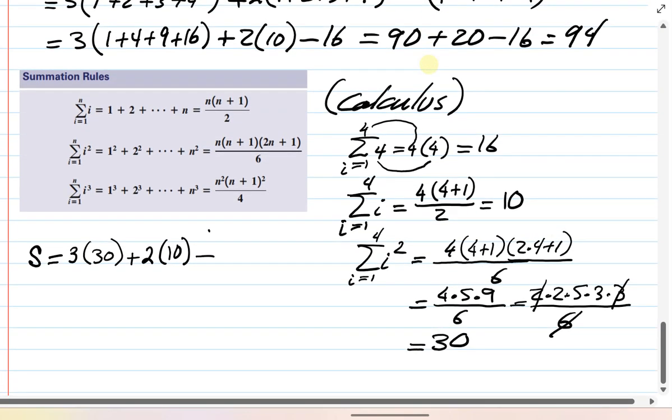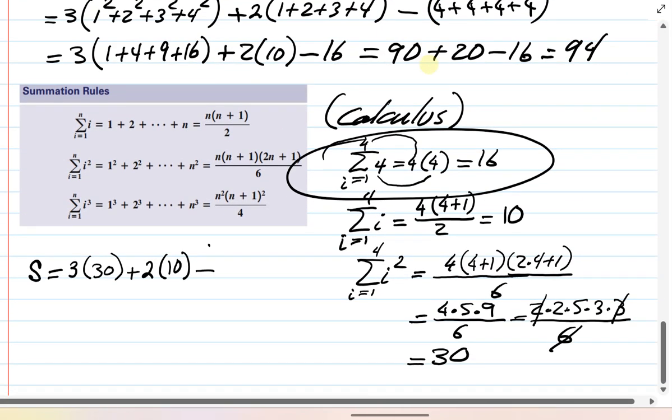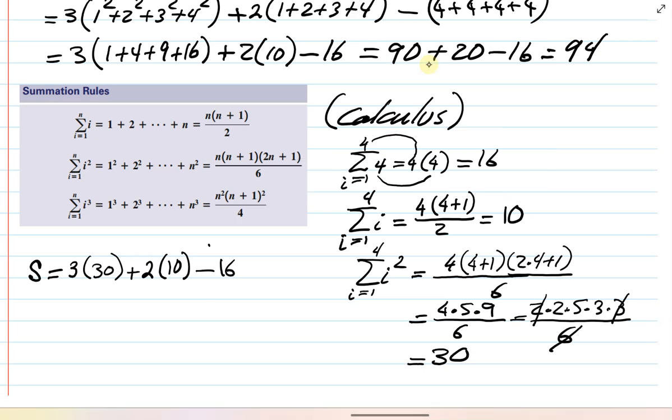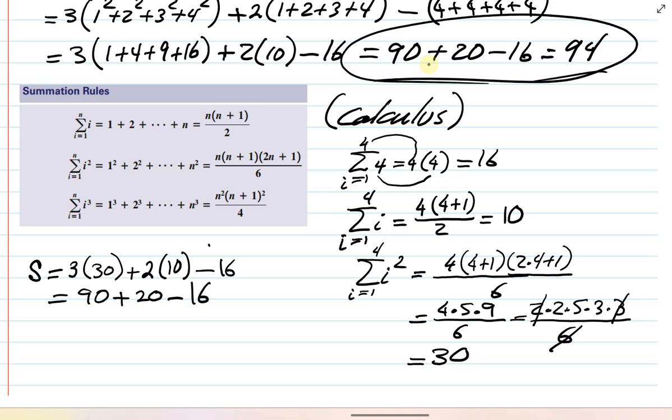We did that one. Sigma of 4 from 1 to 4 is 16. So it's negative 16. Now you look at this, we're going to get what? 90 plus 20 minus 16, which is exactly what we have up here. So this answer, just like before, is going to be 94.